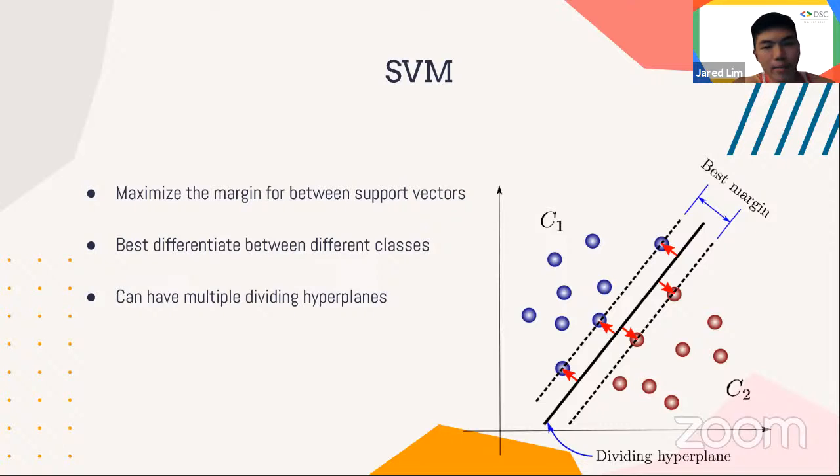Let's say you have an animal data set, with birds, dogs, cats. You want to ensure that between all these different classes you have the maximum margin, so that you have the best chances of differentiating these different classes. So that's the main objective.